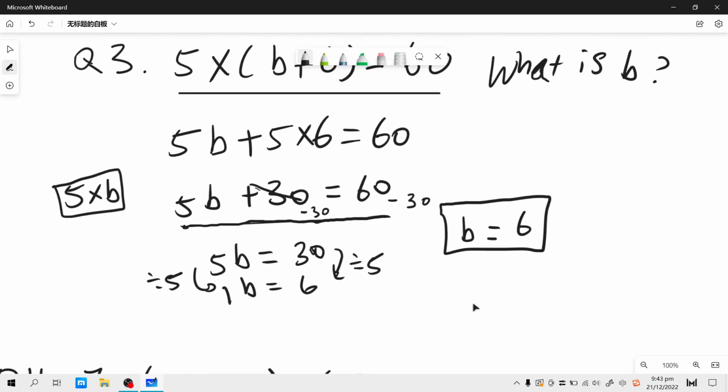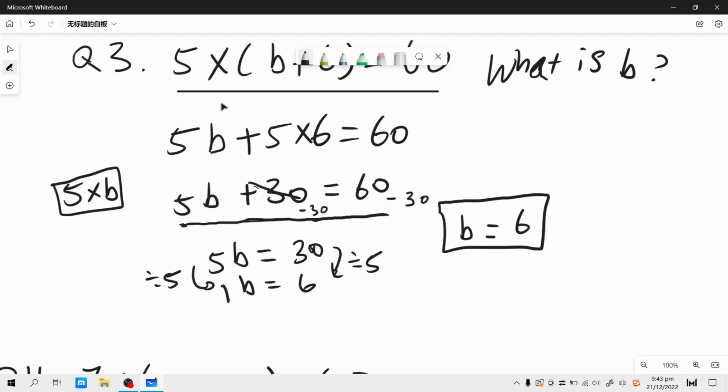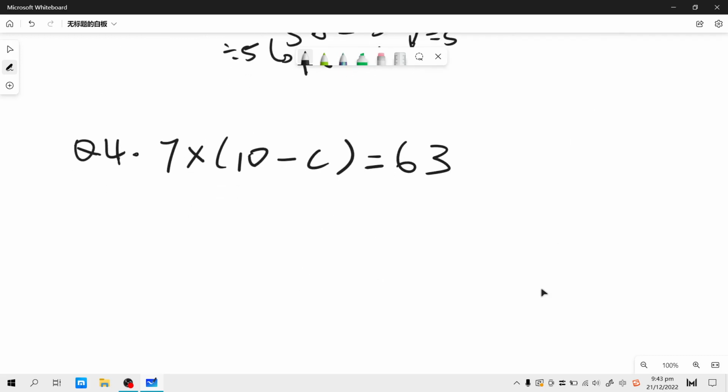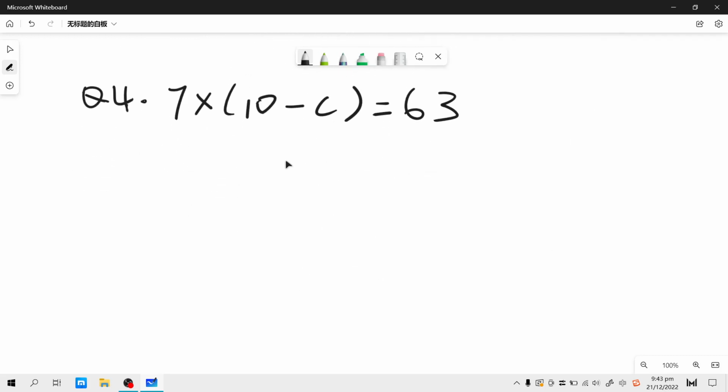The way you solve this question is the same as question 3, only that you need to change the plus sign into a minus sign. The first step goes like this: 7 times 10 minus 7c. Again, I don't want any of you to be messed up with 7xc or 7 times c, so I'll just write it as 7c. This equals 63.